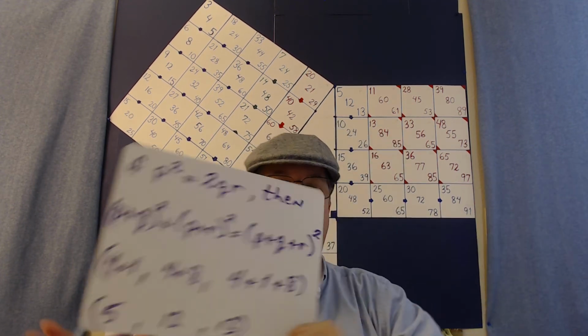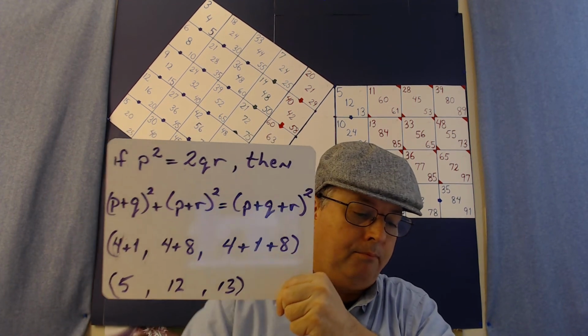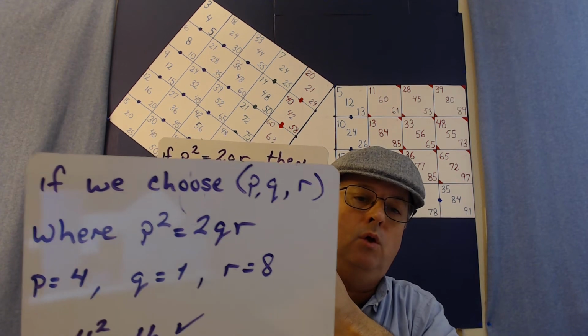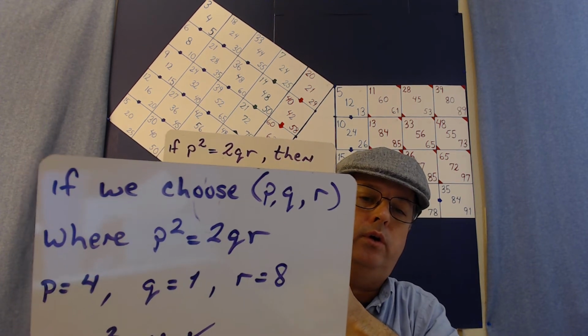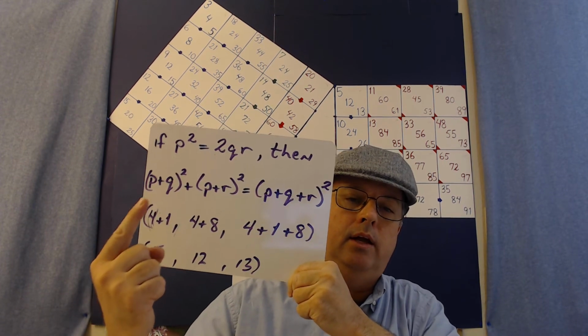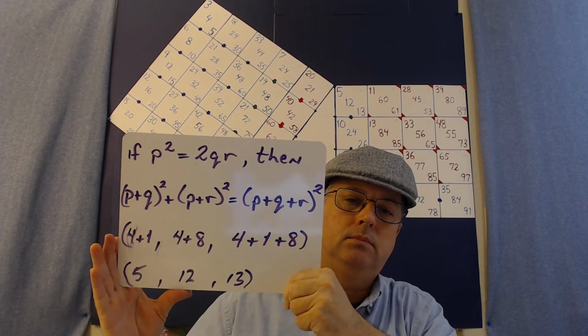So that's all we have to do to get these Pythagorean triples: choose a p and a q and r, where p squared equals 2qr, and then if we add them in that manner, we will get a Pythagorean triple.